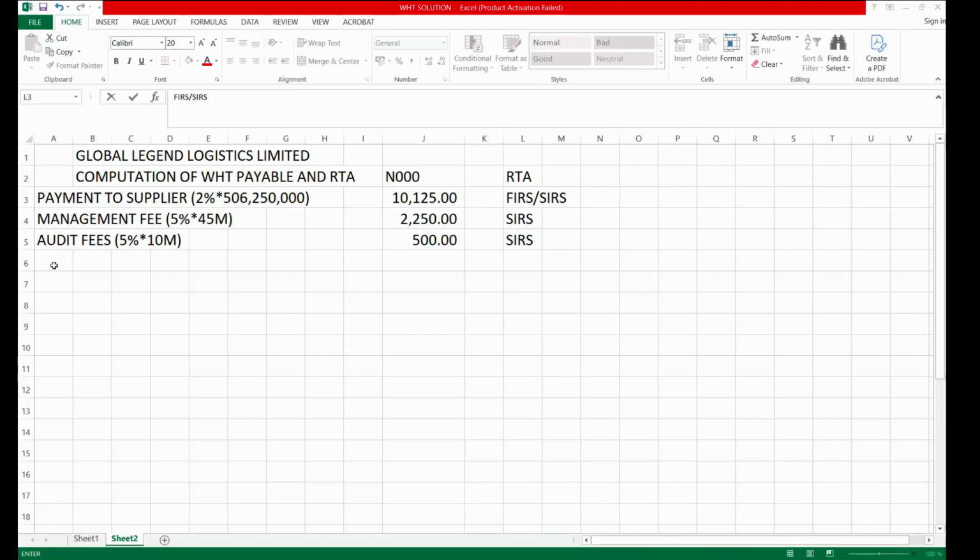Legal and professional fee, at what rate? 5%, multiplied by the value. How much is the value? 7.5 million.